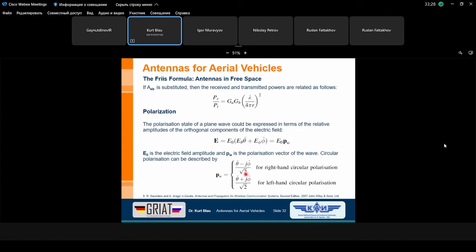It's clear because the square root of the square sum of both must be 1, and this is nothing else regarding the magnitude as what you can see here.